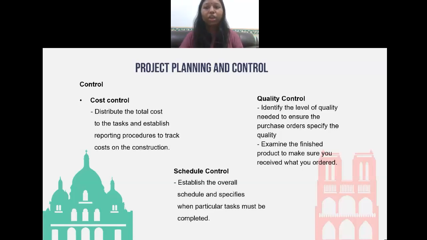So this quality control can actually ensure the purchase orders. So we can examine the finished product to make sure we receive what we ordered. After all the project construction is done, we can examine the finished product to make sure what we have accomplished is as we planned.